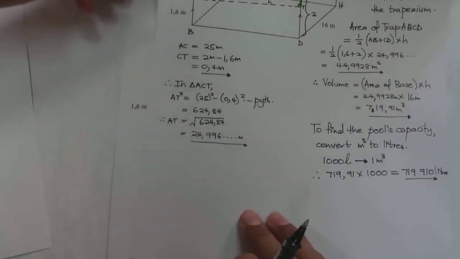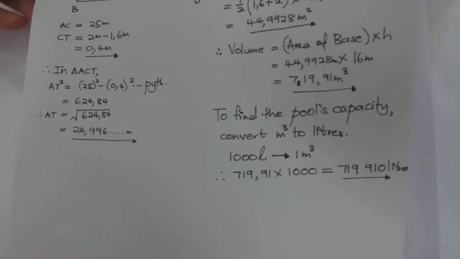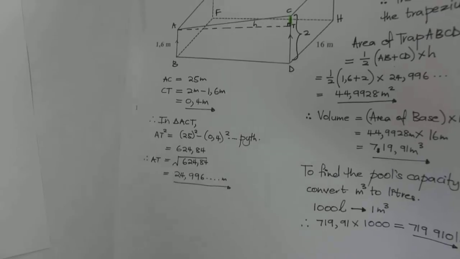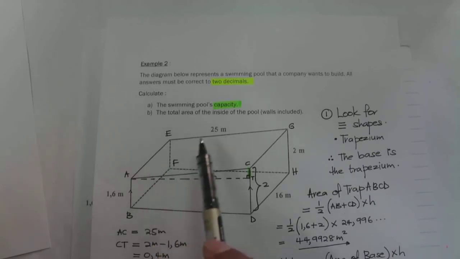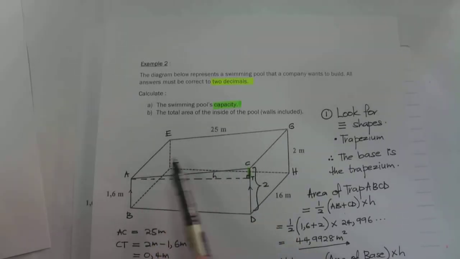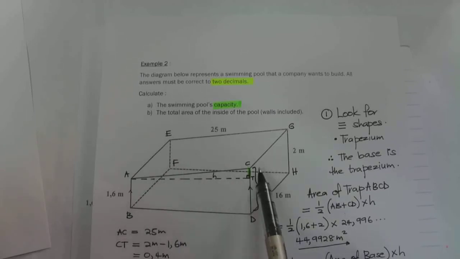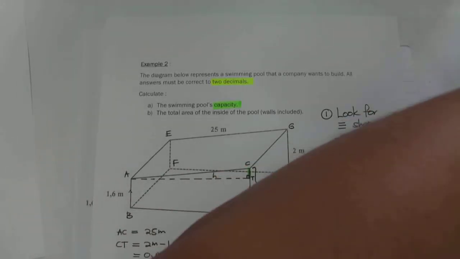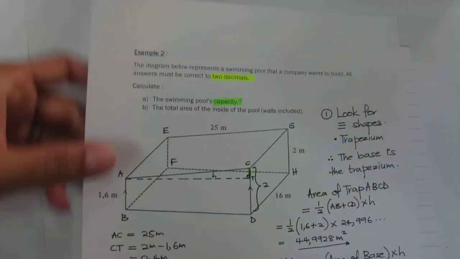Next question. To find the pool's surface area. Okay, so I'm going to use this piece of paper here to find the pool's surface area. How would you find the pool surface area? So if you think about this, let's look at this here. The inside, they want to paint the inside of the pool, so you've got those two identical walls, and then you've got the inside.